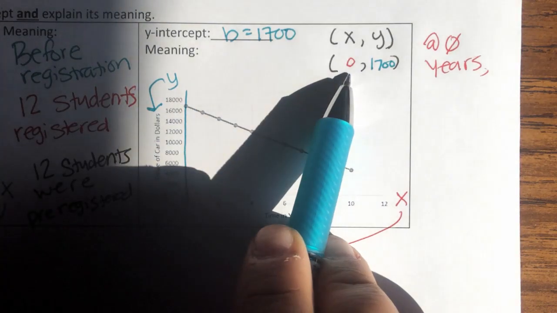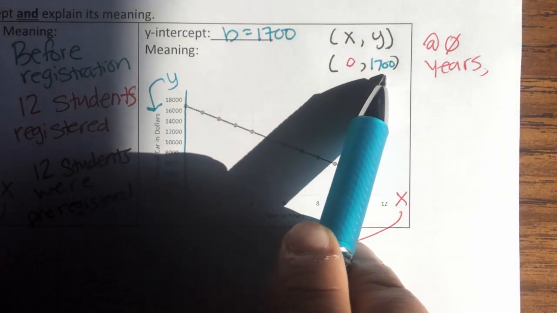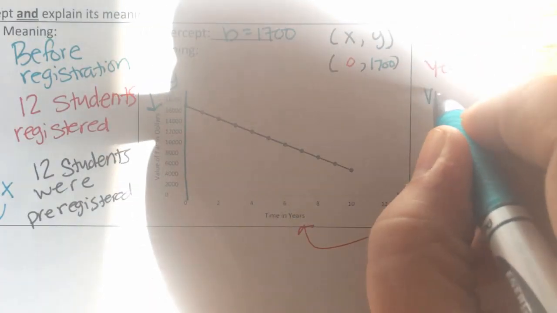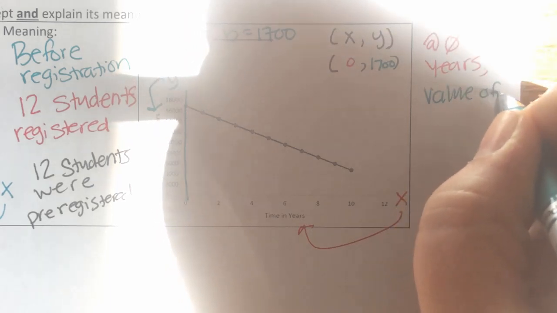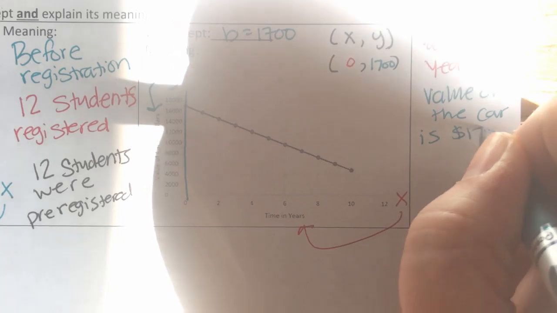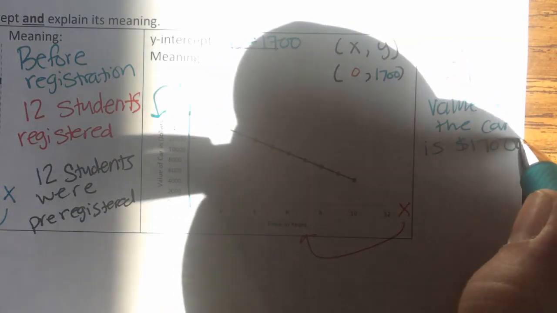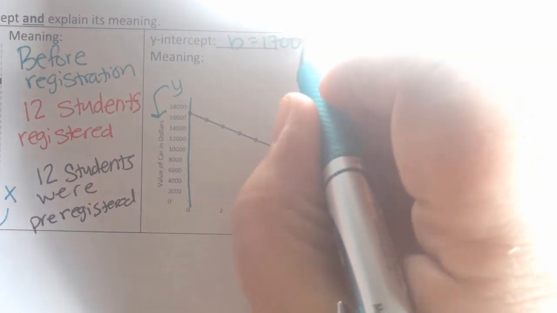So at 0 years, the value of the car in dollars is 1700. The value of the car is $1,700. I'm sorry, $17,000. Those are thousands.